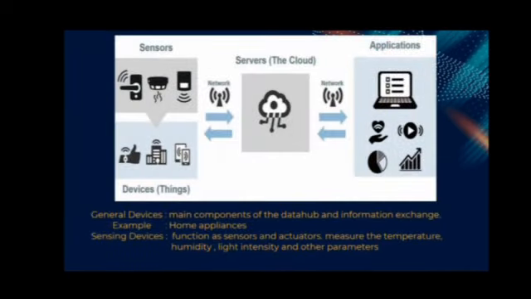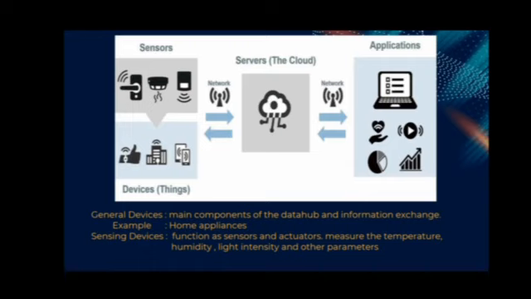General devices are the main components of the data hub and information exchange. For example, home appliances. Sensing devices usually function as sensors and actuators. They will measure the temperature, humidity, light intensity, and other parameters.